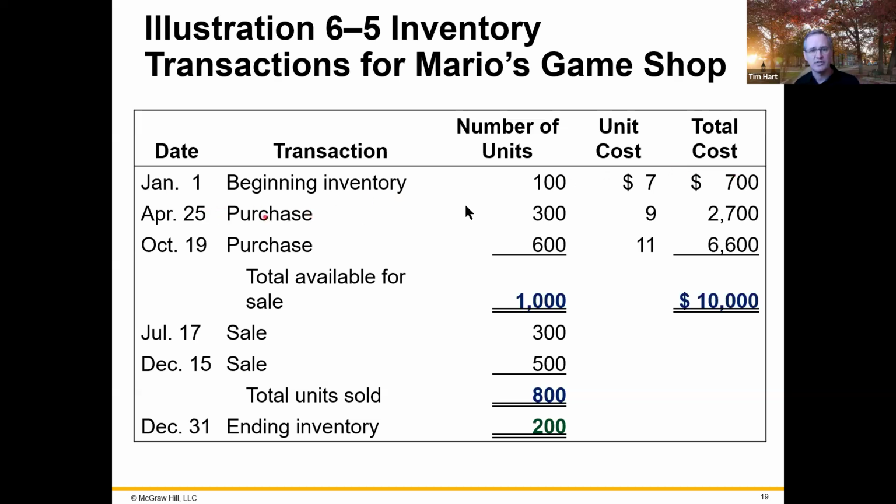April 25th, they purchased 300 additional units, costing them $9 per unit. So their cost for that inventory, $2,700. October 19th, they purchased an additional 600 units, and the unit cost is $11. So we see rapid unit cost increase, probably not realistic. It would be hyperinflation to almost double.